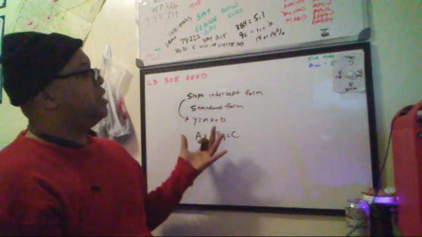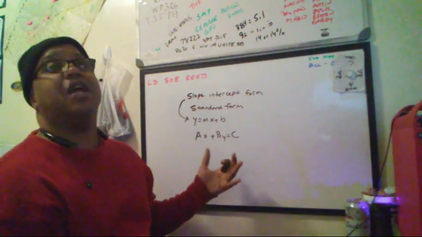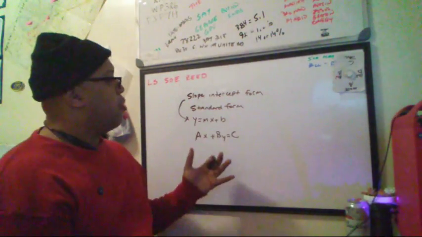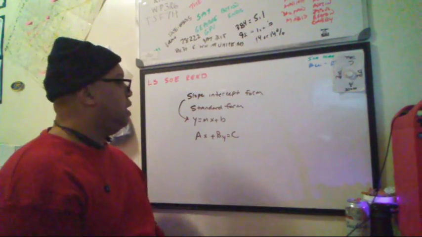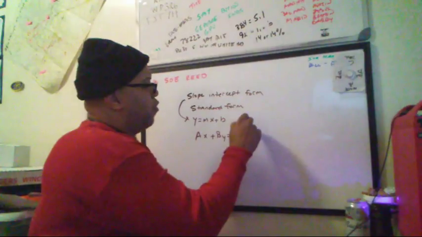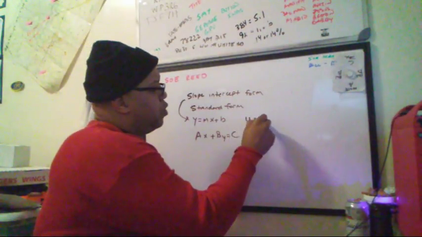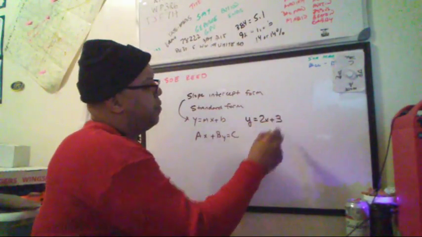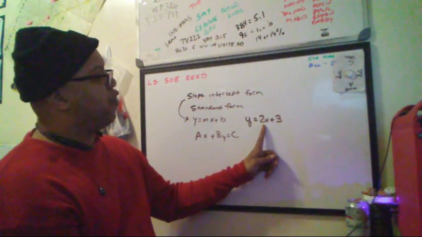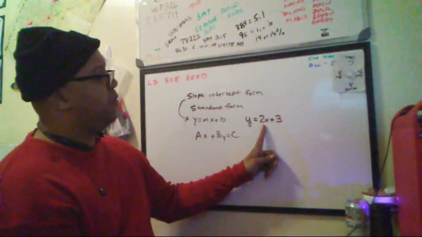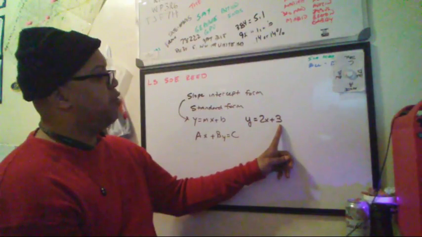This is just to give you an idea of what this linear equation is going to look like. So let me give you an example of the slope-intercept form. It will be like y equals 2x plus 3. This is the slope, 2 over 1, which is the rise over run. And this is the y-intercept.